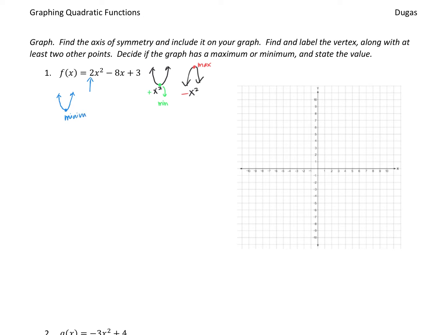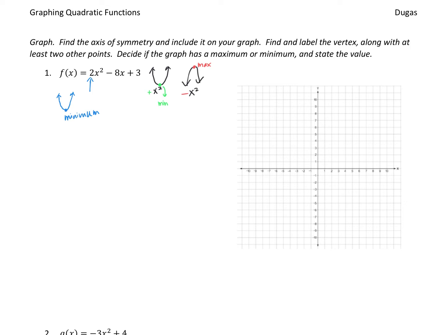Oh man, I can't spell minimum. Let's try again. Minimum. The minimum and the maximum both appear at the vertex. So when you find your vertex, you're also finding your min or max, depending on the situation.